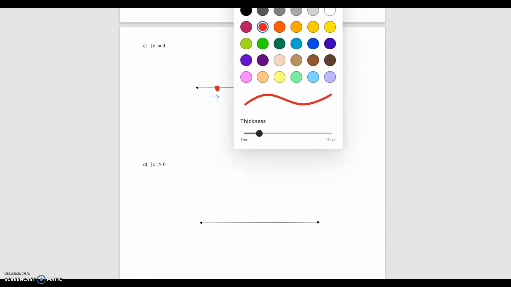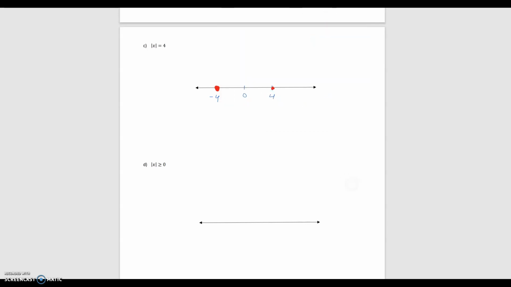D is a little bit tricky. Let me rewrite it as 0 here for the origin. And notice that you have a greater than or equal to 0.